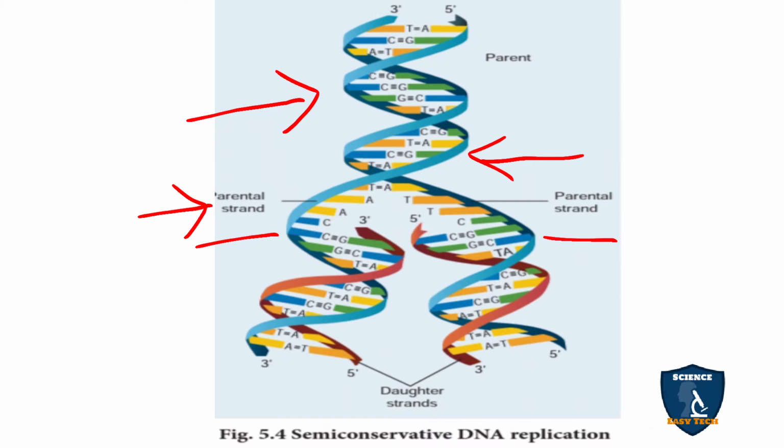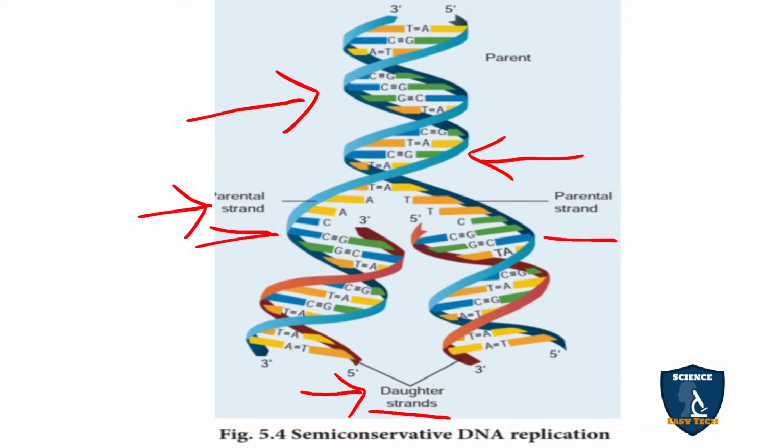So this is the leading strand. This is the daughter strand, and it is formed with the help of the template. One is the parental strand and one is the daughter strand.